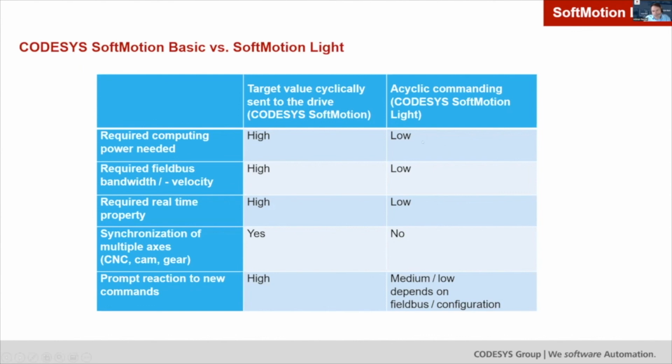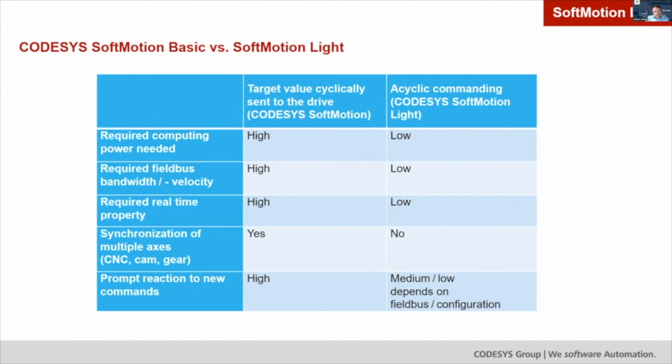Sending just a command is not even real-time demanding, and also the calculation inside the controller is of course much less than in the other case. These are benefits for the SoftMotion Lite. The drawback is that you cannot synchronize the axes. You can, of course, move more than one axis, but not in a synchronized way. You will have to command them separately.